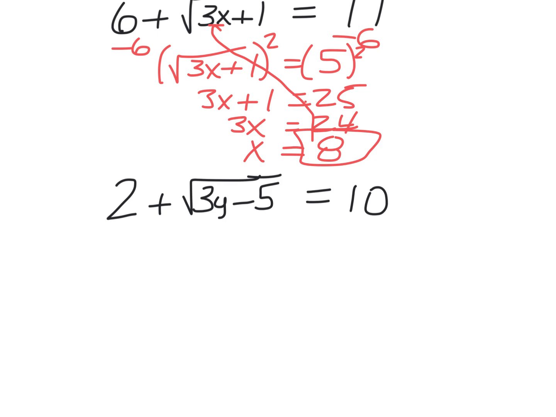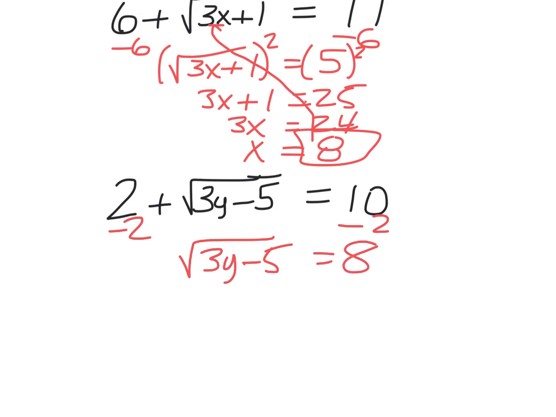All right, the next one here. We've got another radical equation. We're adding 2 to it. Just bear with me here a second. So to undo that radical, I'm going to subtract 2. Undo the square root by squaring both sides.